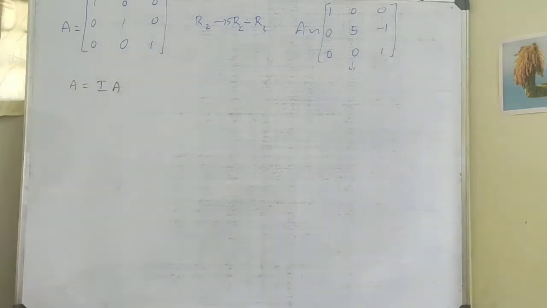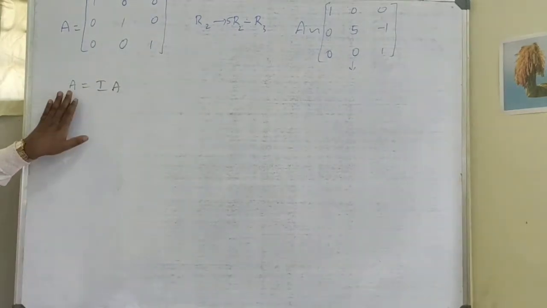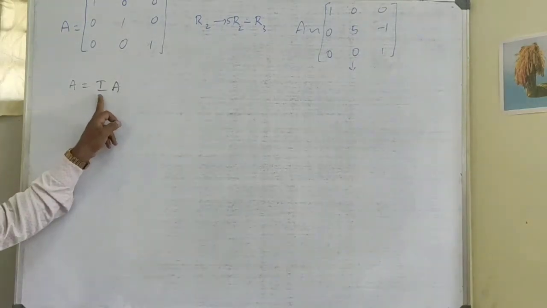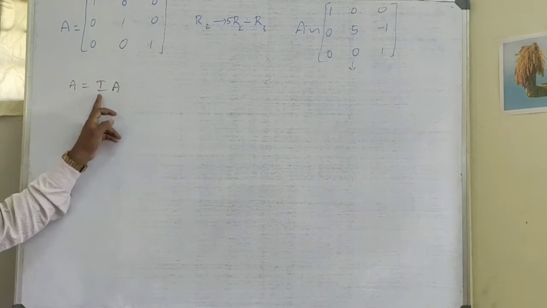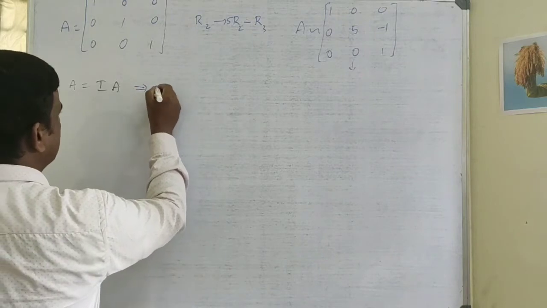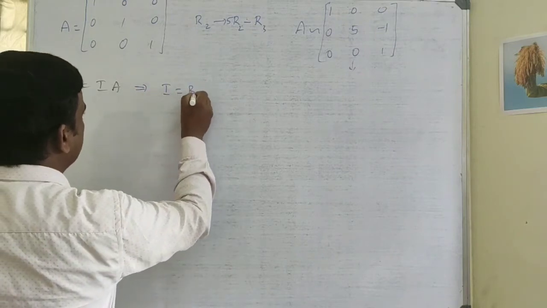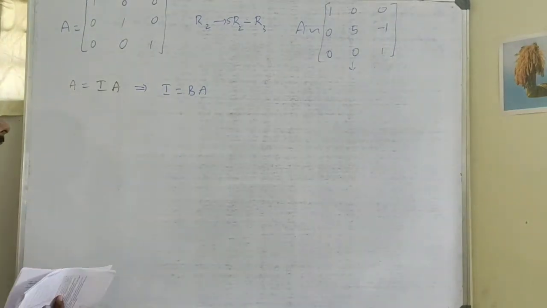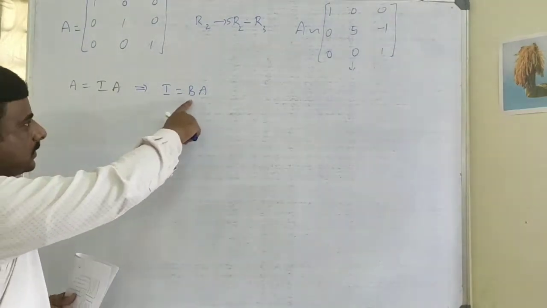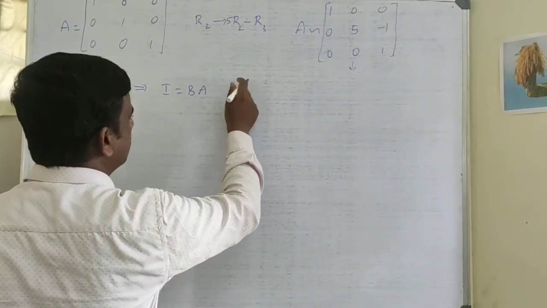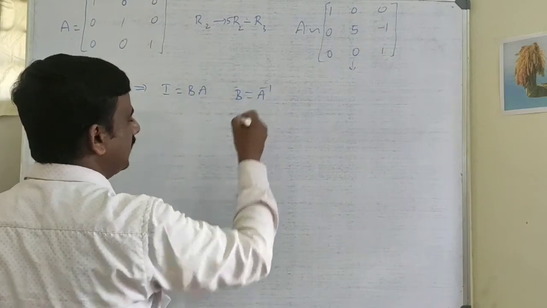Then apply a series of row operations and reduce the left hand side matrix A to the identity matrix. Correspondingly, there will be change in this identity matrix, and this takes the form, after applying a series of operations, I equal to B into A. Then B into A, I have the product to be I. So B will be the inverse of A. So B will be A inverse.